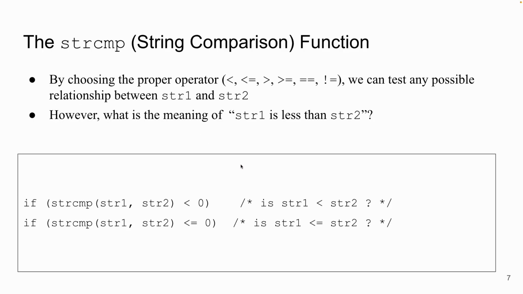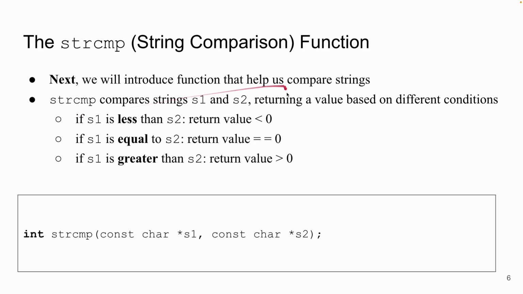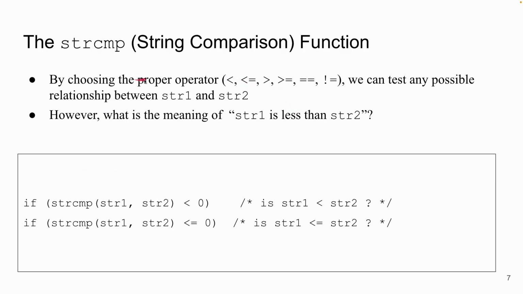Based on this definition, we can use the relational operators and equality operators to test any possible relationship between string 1 and string 2. For example, I can call strcmp and put str1 and str2 in it.